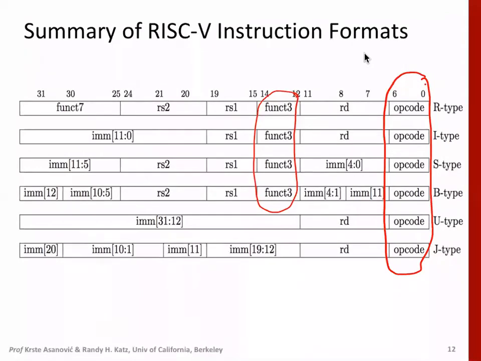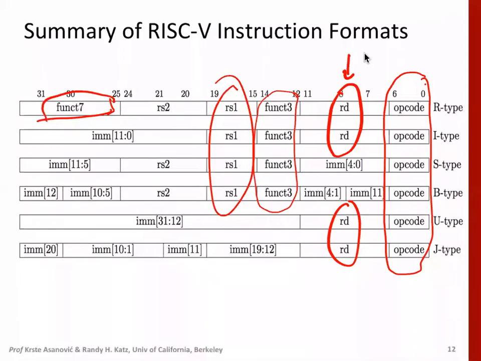Similarly, if there are 7 bits as part of the function, they are here, and only in the register type. And anything related to the destination, RD, is in this field. RS1, in almost all instructions except for these two kinds, is in this place, and then RS2 is here.